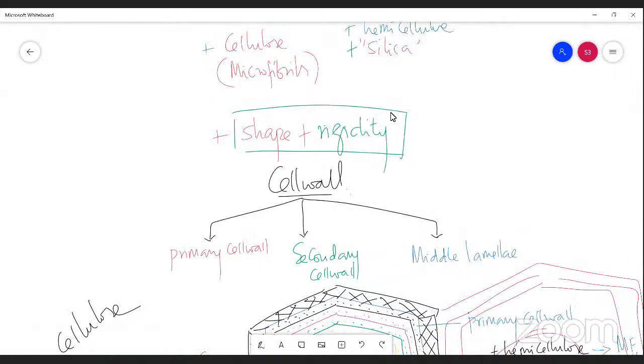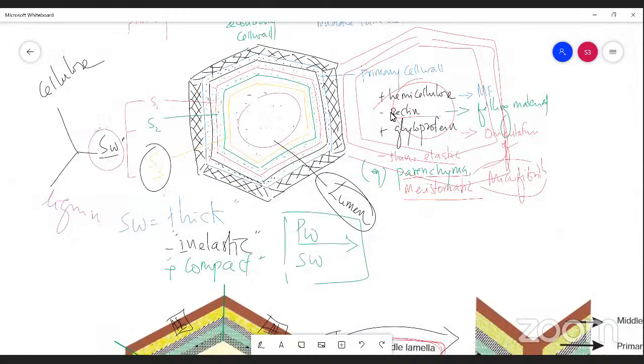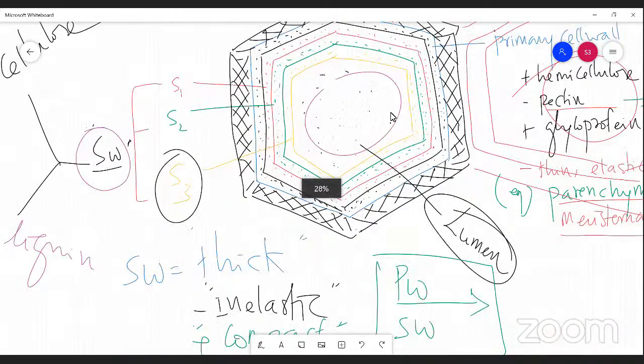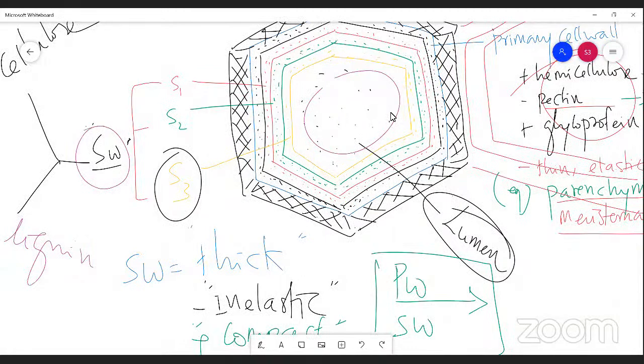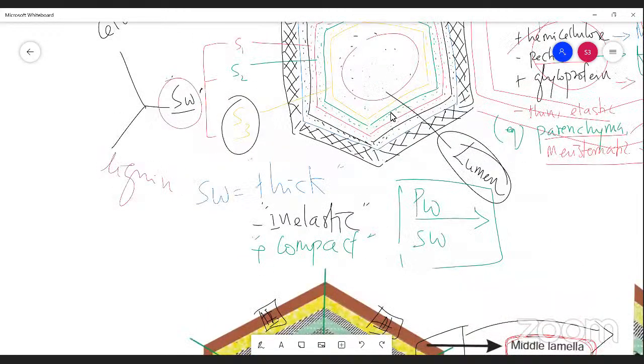Could you mention the types of secondary cell wall? S1, S2, S3. Very good. Components of secondary cell wall? Cellulose and lignin. Now, what do you understand about the arrangement of secondary cell wall?